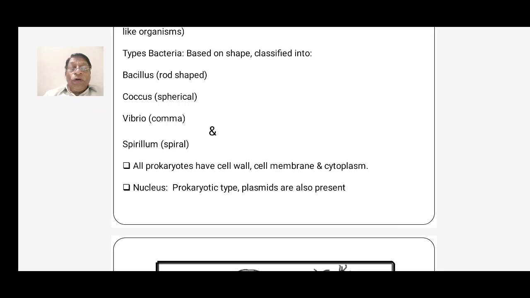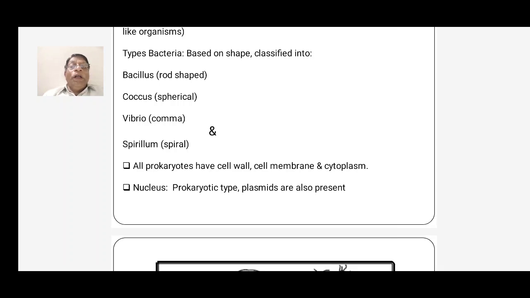It is called genophore. So very important point. The nucleus is prokaryotic type. Means the nuclear membrane is absent, represented by the circular DNA only. Okay.